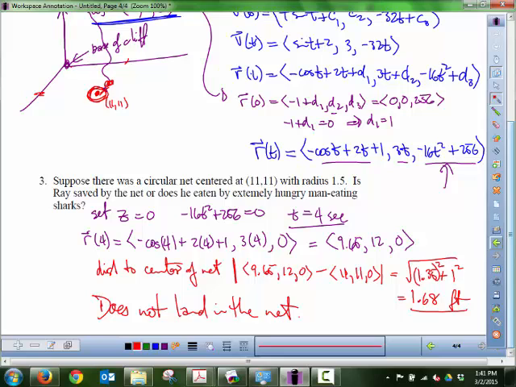I was going to give you this as a problem for the quiz, but we were talking about unit tangents and unit normals and stuff, so I decided to do that kind of business. So let's expand on this problem.